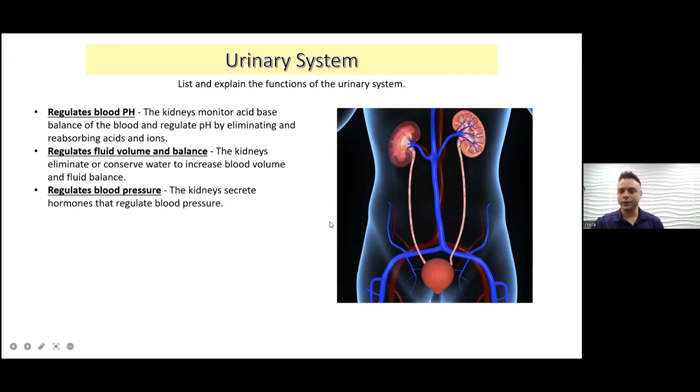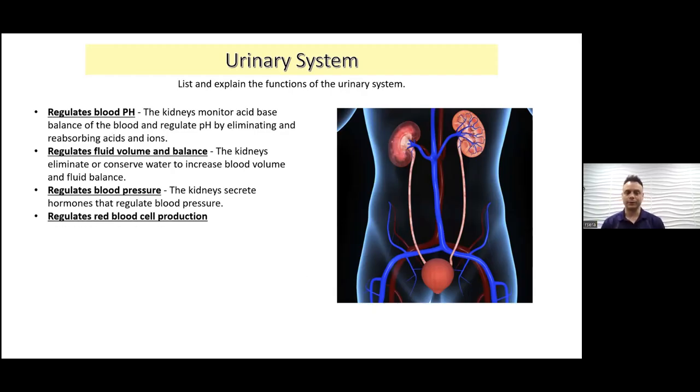Going along with the fluid balance, if we're peeing and we're releasing fluid from the body, that changes our blood pressure, right? If we remove fluid from the body, that lowers our blood pressure. If we keep fluid in the body, that would increase our blood pressure. So a direct correlation on blood pressure with the previous thing there.